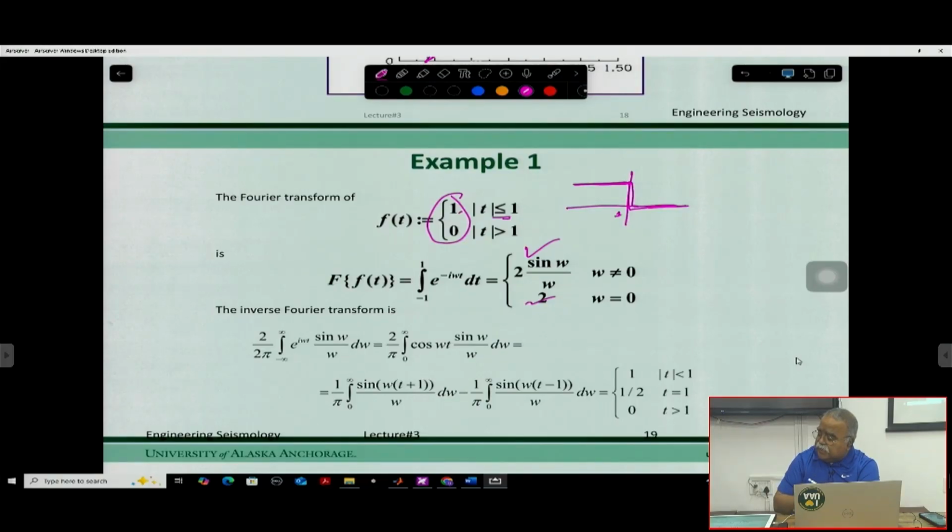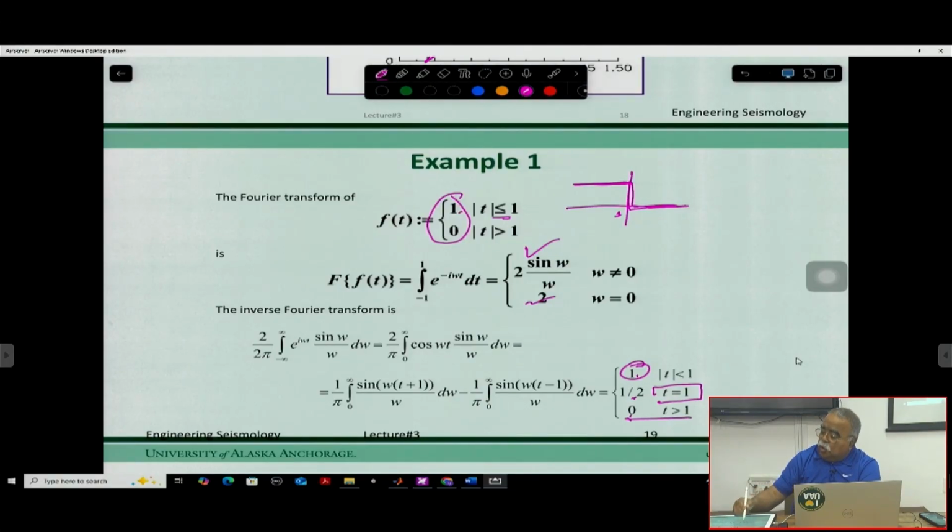So if the function is like this, then you can do this integration, put in the values and calculate the transform, right? And similarly, if you take the inverse Fourier transform, you will see that you will not get 1, but 1, half, and 0. At t equals to 1, you will get a half, and after that, for t greater than 1, it will be 0.